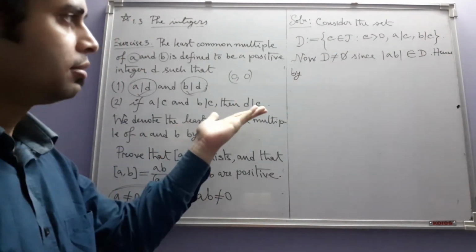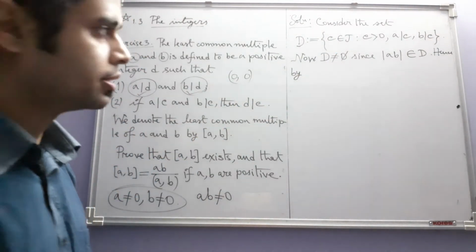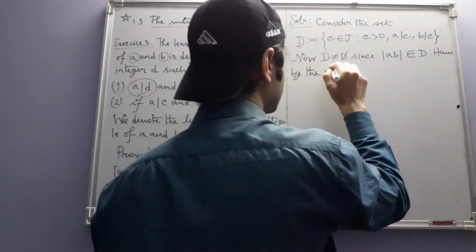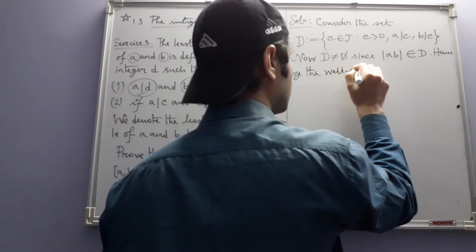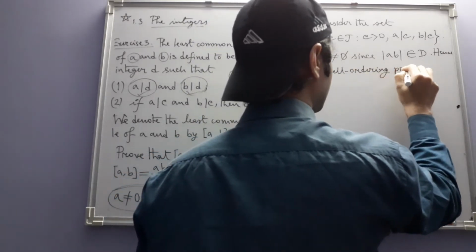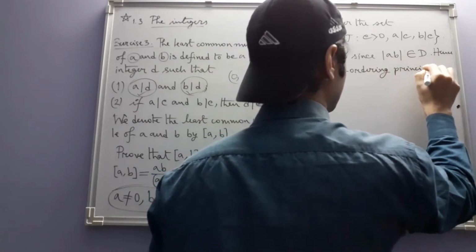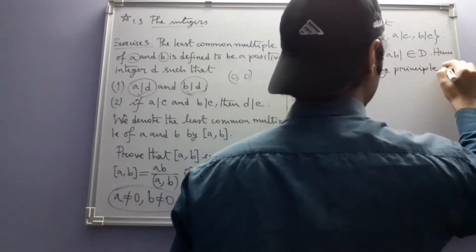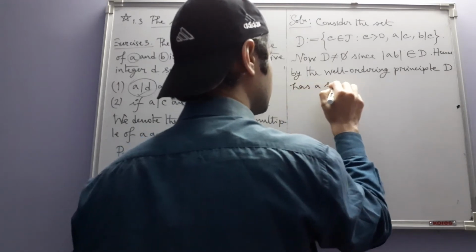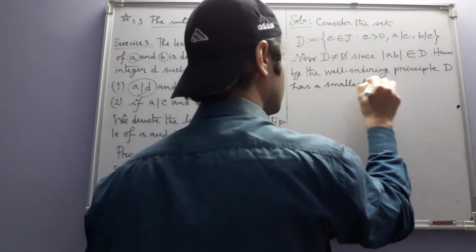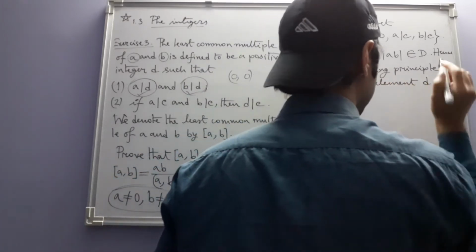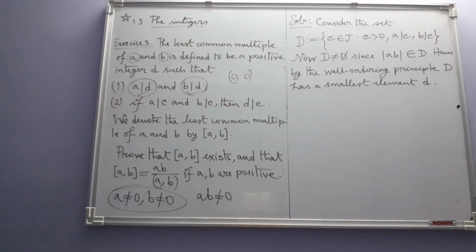So we can use the well ordering principle here. Hence, by the well ordering principle, D has a smallest element, d, say. We are denoting it by d.